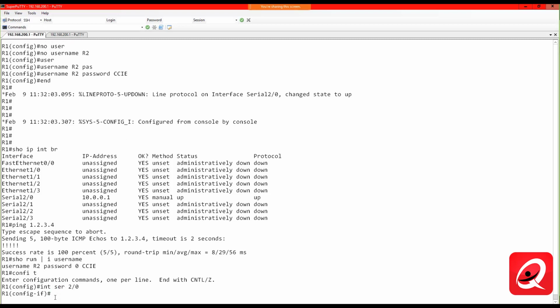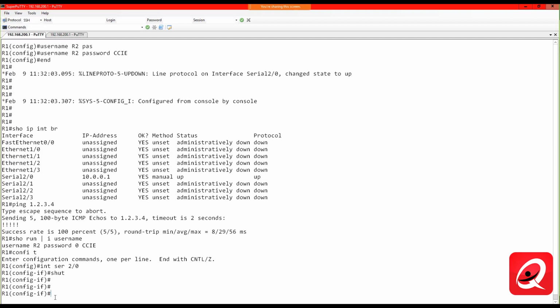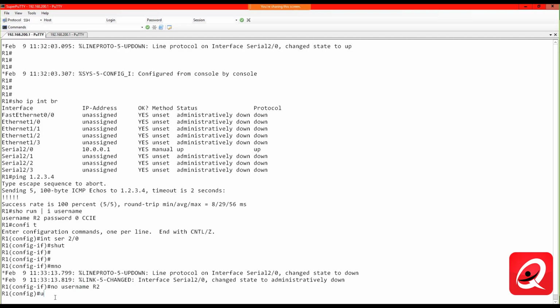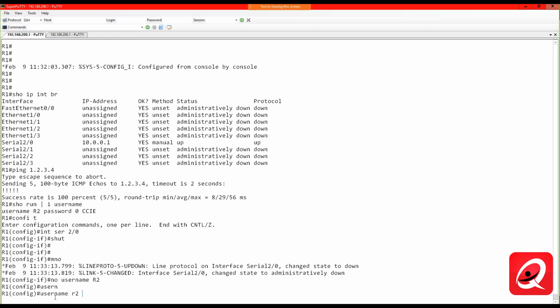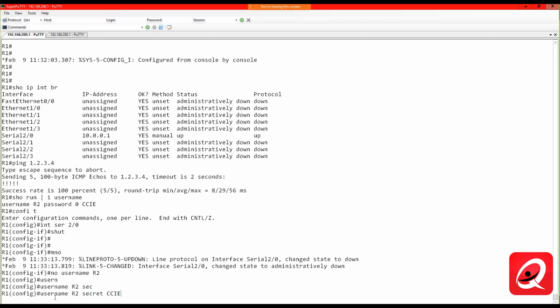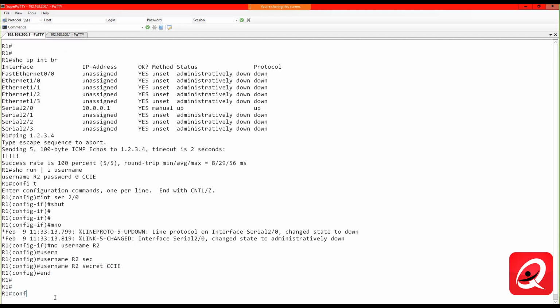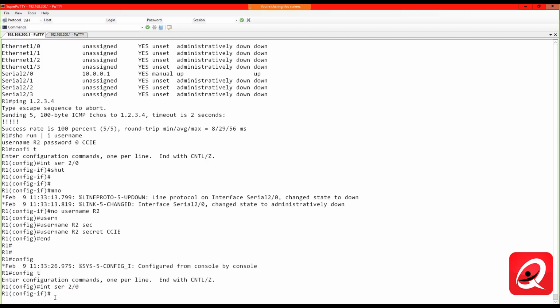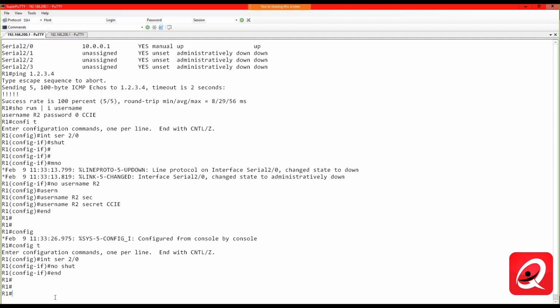Interface serial 20, shut. No username R2, and username R2 secret CCIE. And config T, interface serial 20, no shut.